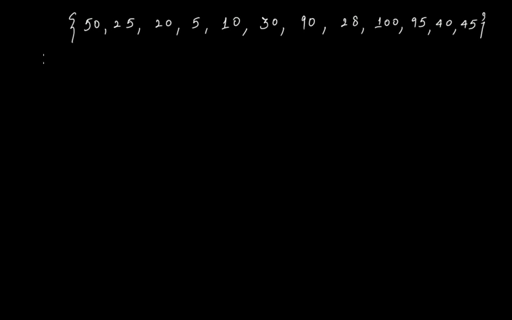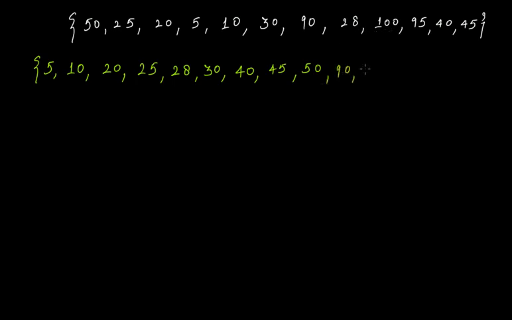So when you arrange this data set in an ascending order, which will be the smallest number? 5, then 10, then you have 20, then 25, then 28, then 30, then 40, then 45, then 50, then 90, then 95, then 100. 2 to 4 to 6 to 8 to 10 and 12.